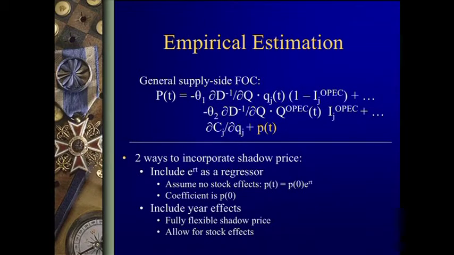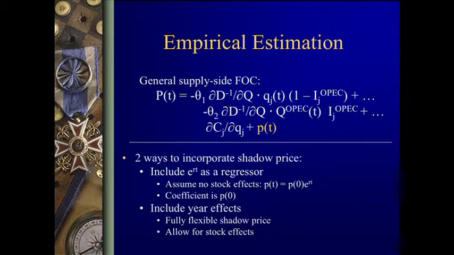So there are two ways I incorporate this shadow price. The first way is assuming that there are no stock effects. As I mentioned in the Hotelling rule, if there's no stock effects, the shadow price is equal to the initial shadow price times e to the RT. So basically, if you substitute this into the P_t, it's as if you're estimating a coefficient P0 times e to the RT.